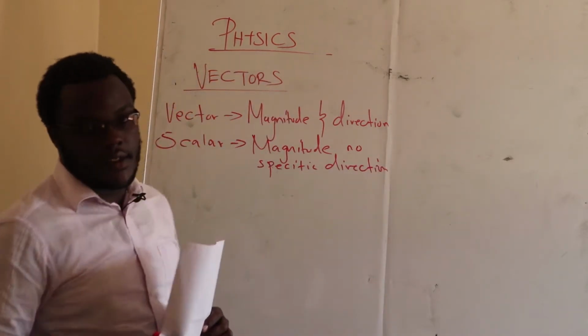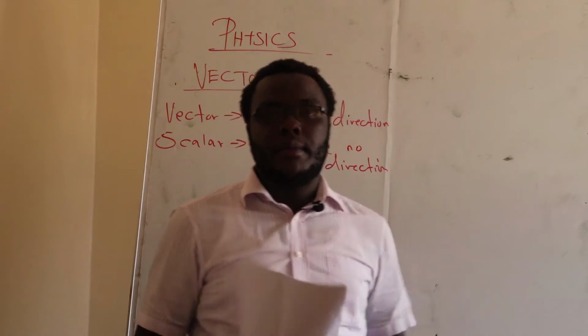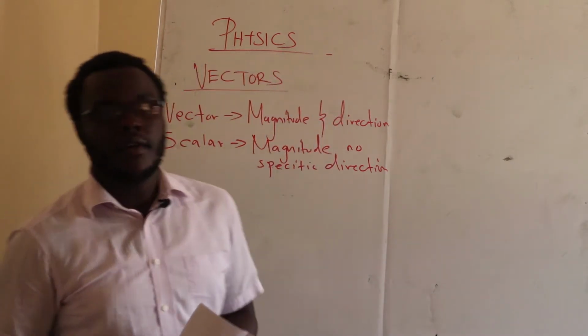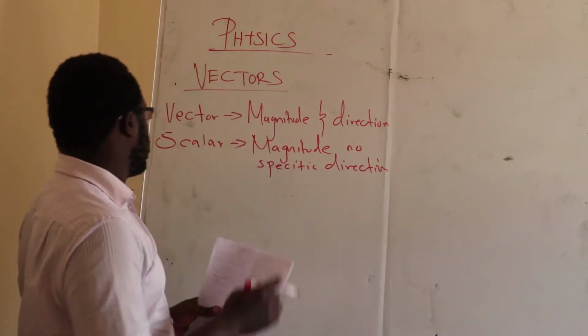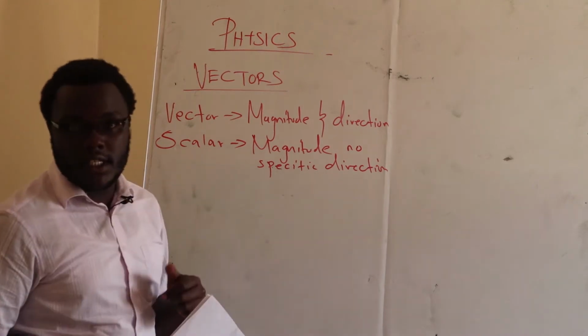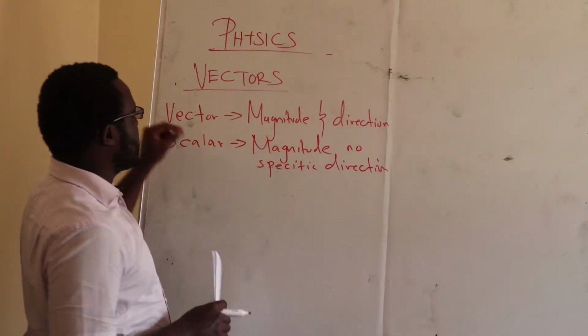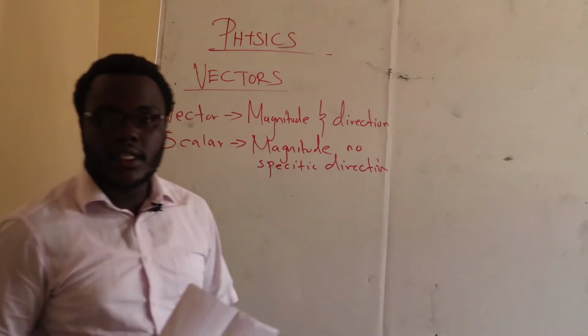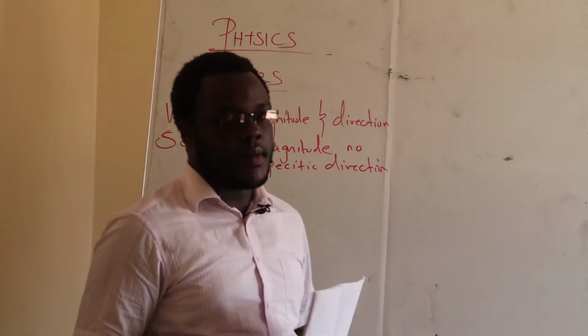Some of the quantities that we have in measurement can be either vectors or scalars. And that's the difference between a vector quantity and a scalar quantity. A vector quantity has both magnitude and direction, whereas a scalar quantity just has the magnitude part.